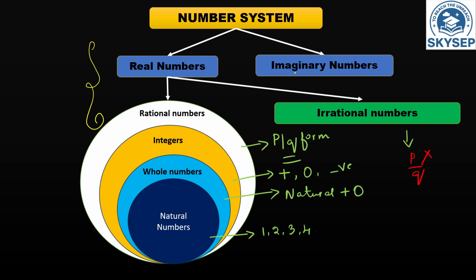Because in mathematics, we have one more concept called imaginary numbers. About this concept, you are going to learn in future. But to differentiate the number system from imaginary numbers, we are giving the name real numbers. So I hope you have revised all the concepts like natural numbers, whole numbers, etc.